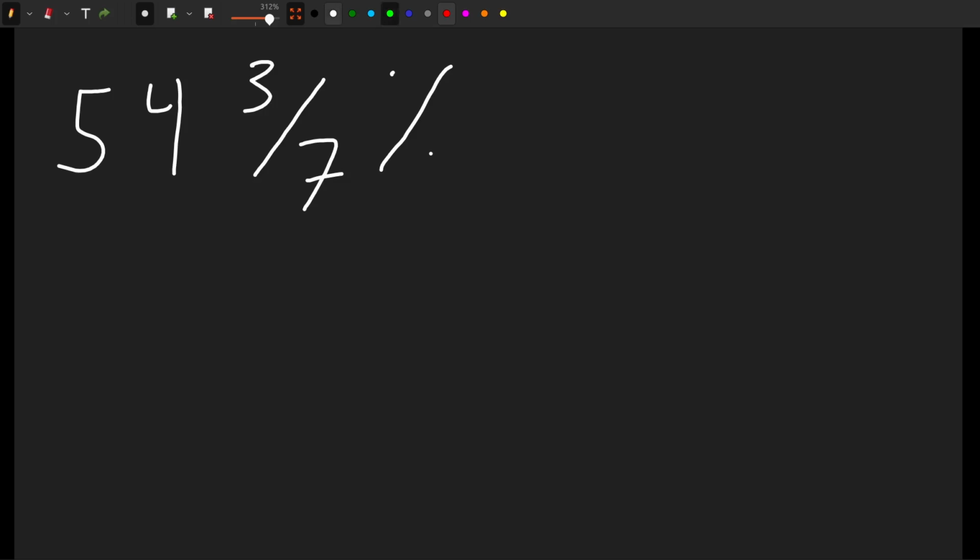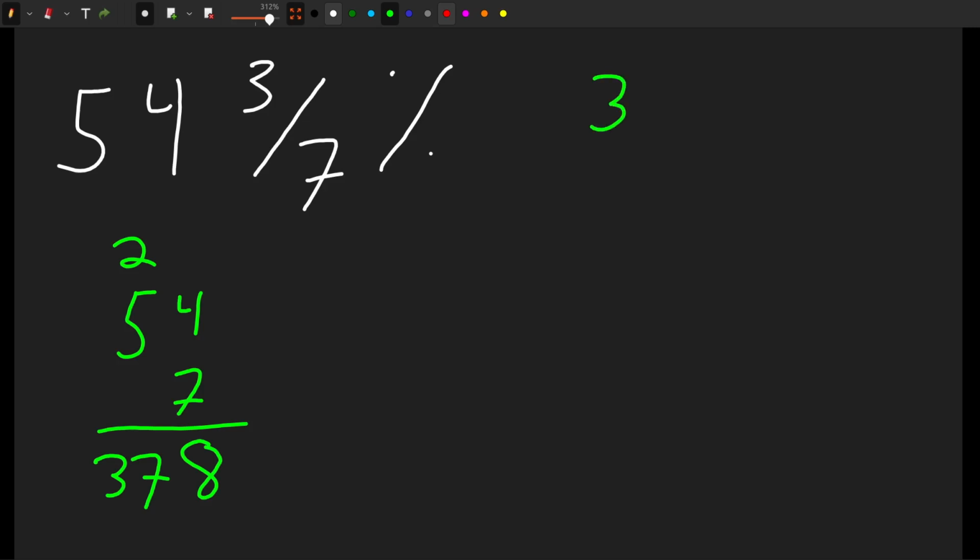So 54 times 7, I don't know that off the top of my head. 4 times 7 is 28, carry the 2. 5 times 7 is 35, add 2 more, I get 37. Add the 3 from the top, and we're going to get 381 over 7, and we're going to multiply that by 1 over 100.